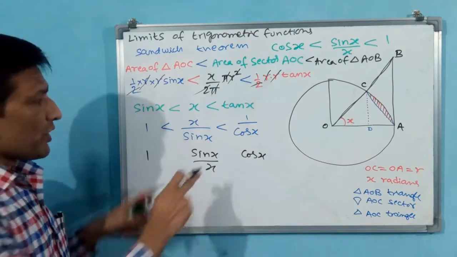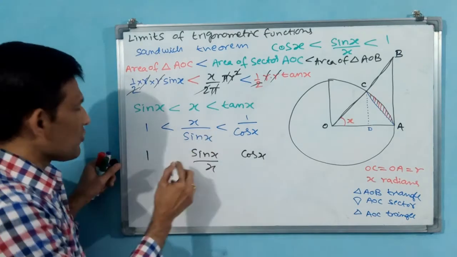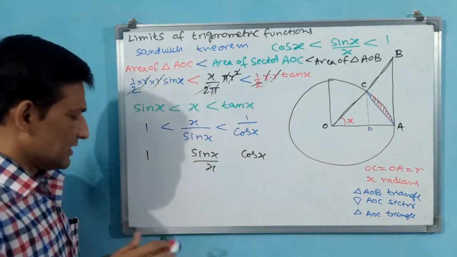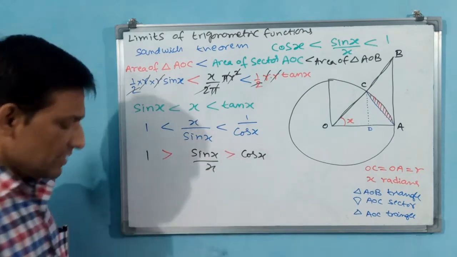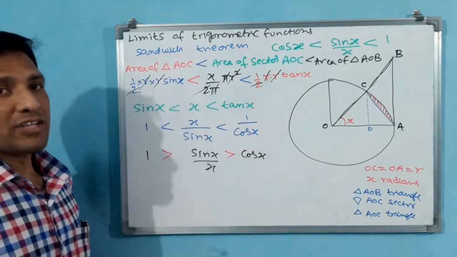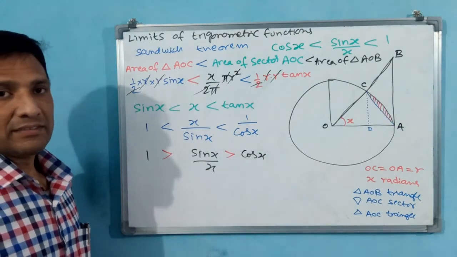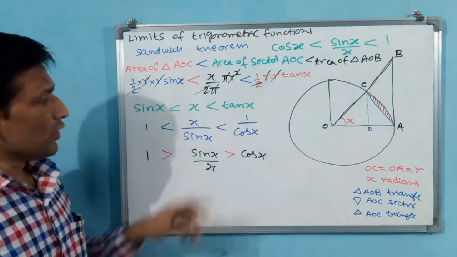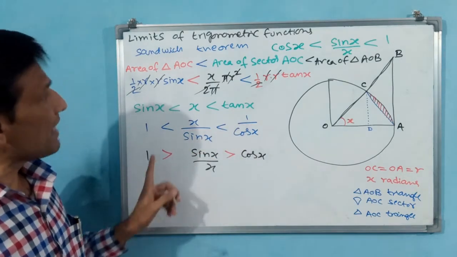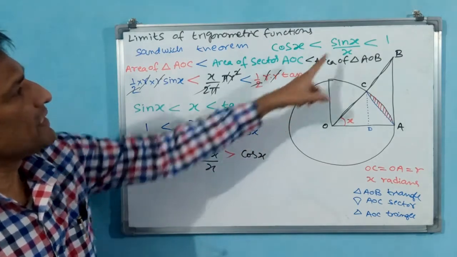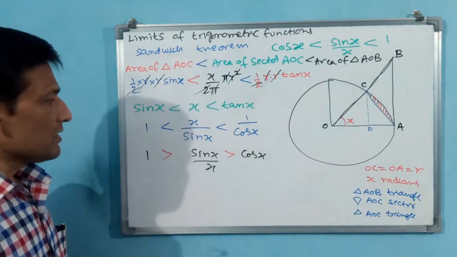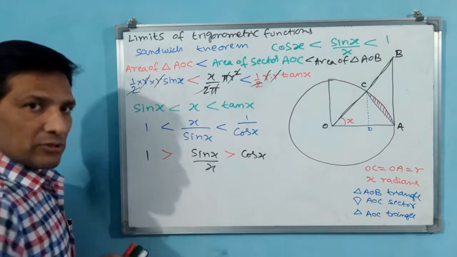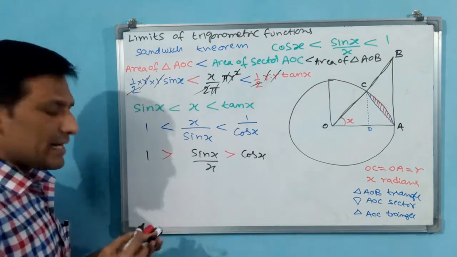But if you reciprocate, automatically these symbols are going to be changed like this. Is it okay? Just now I have explained to you these basic inequalities. If you reciprocate, why? Because see, I want cos x and sin x by x. Now I am reversing, but the symbols also I have to reverse. That's all. The sandwich will be inside like that only.